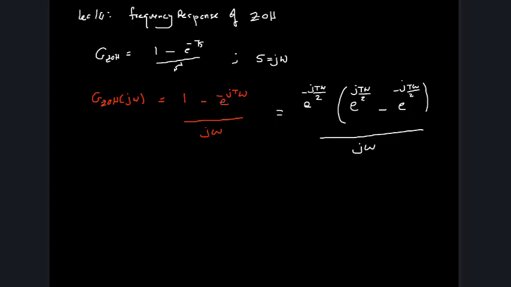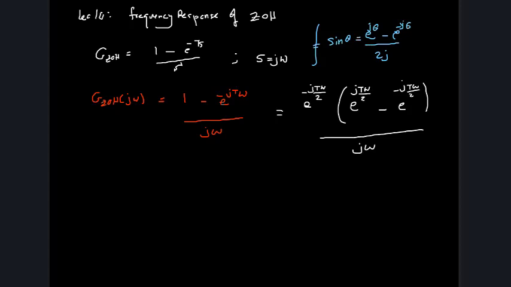Now, if we recall, sine theta can be written in terms of the exponential as (exponential of j theta minus exponential of minus j theta) over 2j.